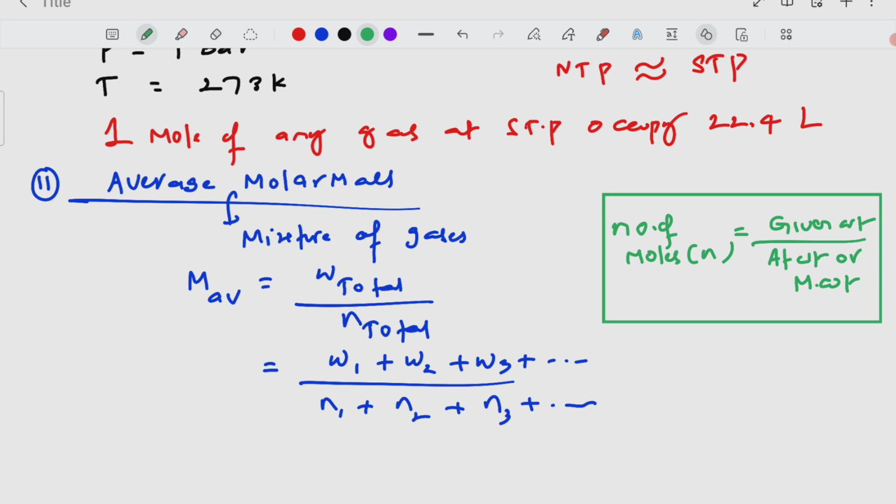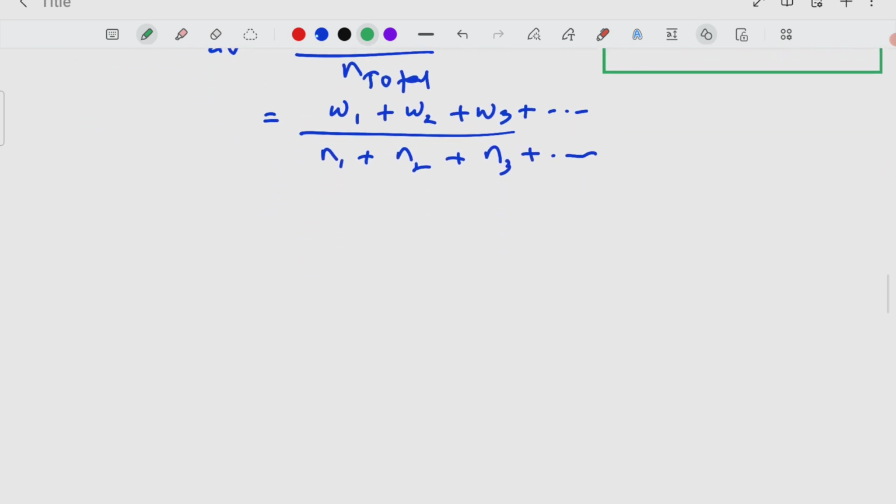Next, similarly, how do we calculate average atomic mass? When there is a mixture, then we calculate average molar mass. There is one more term, which is average atomic mass.